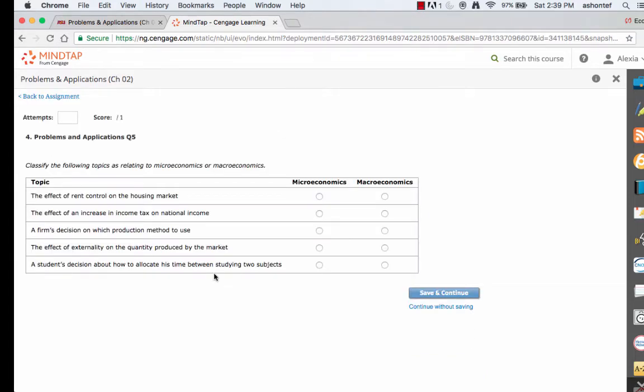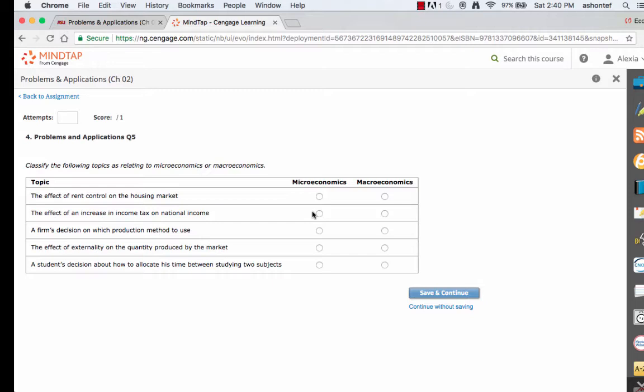Okay, this question is now having you fill out a table, and it's just practicing, making sure you understand the difference between microeconomics and macroeconomics. So as you approach these questions, just remind you, microeconomics is where we're looking at very specific markets.